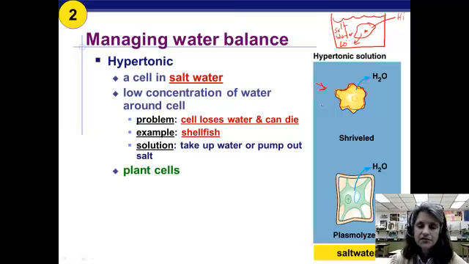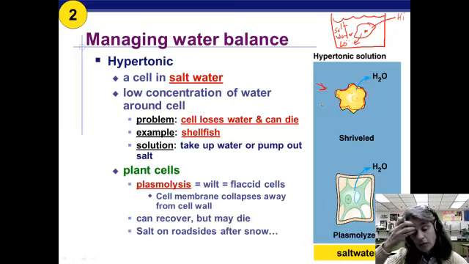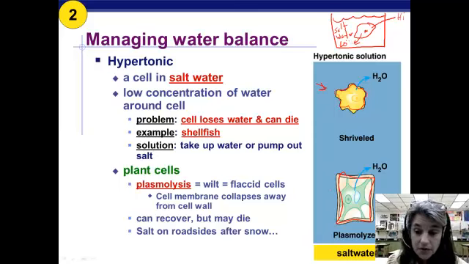The plant cells, on the other hand, well, not on the other hand, they do the same thing. It's just that they have this cell wall around them that will kind of stay looking like a box, but it's not going to be nearly as well supported as the cell membrane, which you can see here having collapsed away from the cell wall because it lost water, water went out into the hypertonic environment.